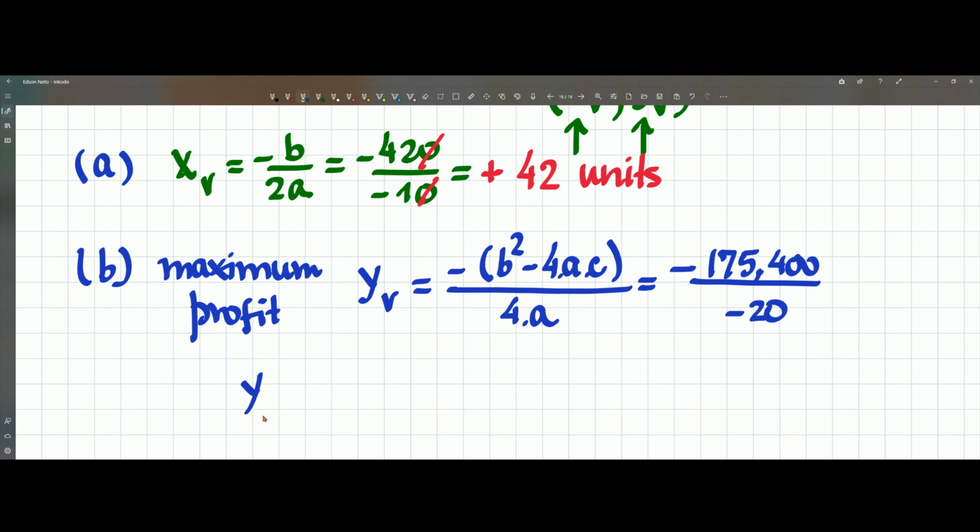Finally, our maximum profit in this case is 80,707 dollars or euros or any monetary unit.